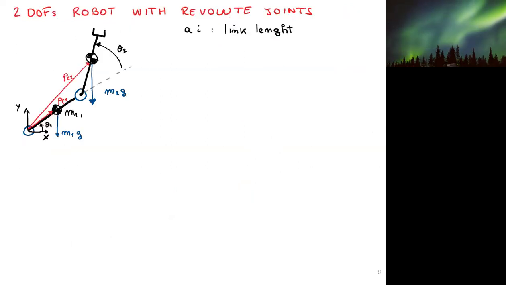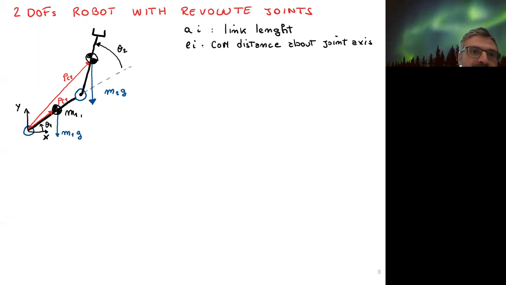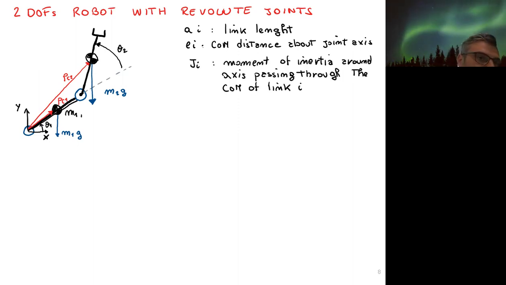While with revolute joints, let's think we have again the 2R robot with revolute joints. We have a_i as the link lengths, a_1, a_2. l_i are the distances of the centers of mass with respect to the joint axis. And J_i is the moment of inertia around the axis passing through the center of mass of link i.